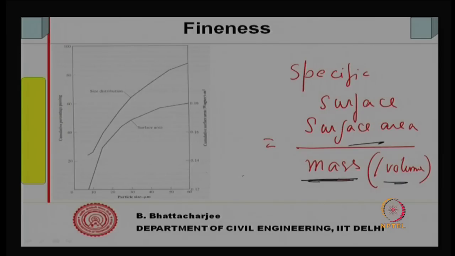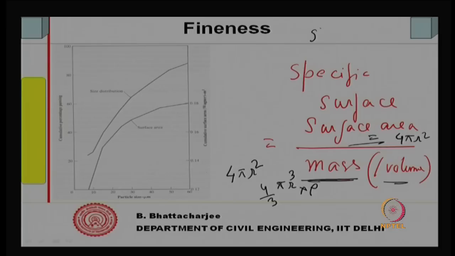Supposing I have a spherical particle, the surface area for a single particle is 4 pi r square, and the volume is 4 by 3 pi r cube, times rho, the density.